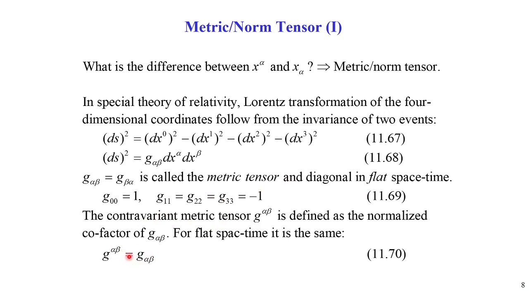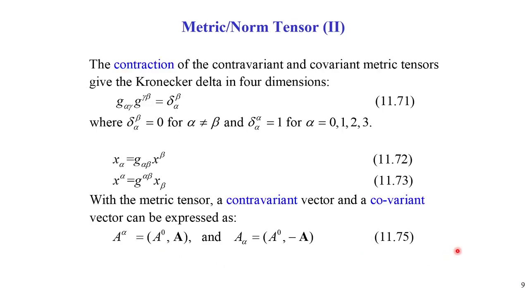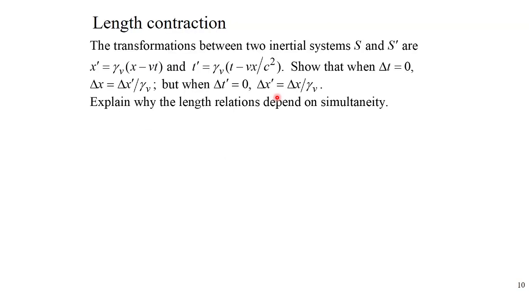Therefore, G alpha beta equals G subscript alpha beta for flat space-time. It's a delta function only. Okay, that's G, the metric tensor.